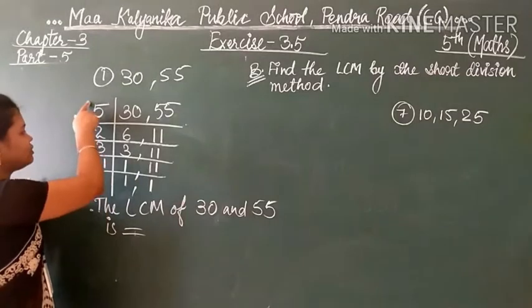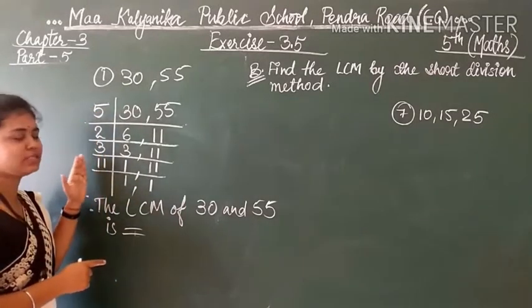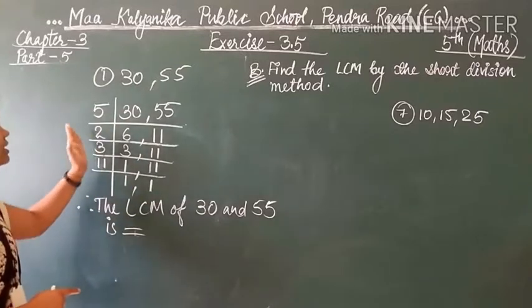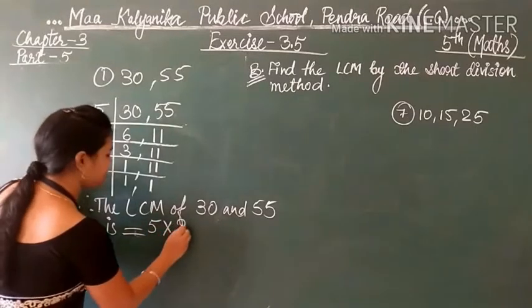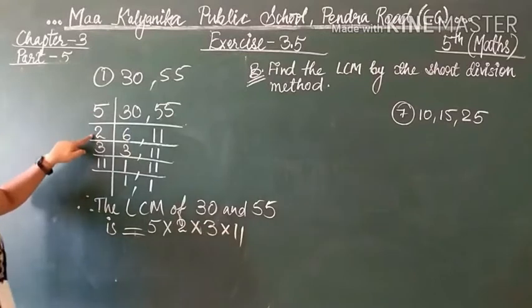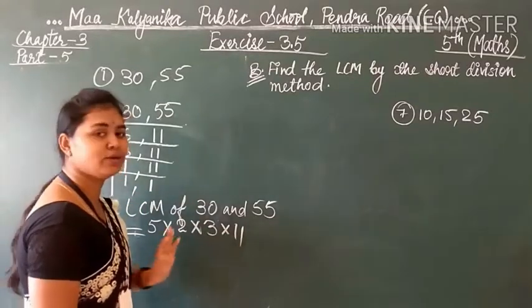This is 1, so you have to multiply all these 4 numbers to get your LCM, because these are the only common factors which can divide these 2. So directly write 5 multiplied by 2 multiplied by 3 multiplied by 11. 5, 2, 3, 11.